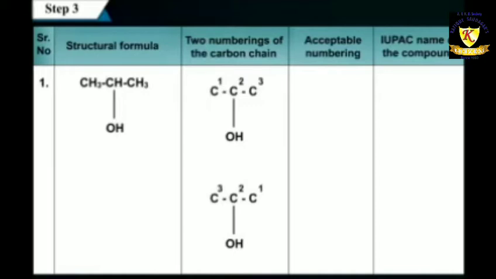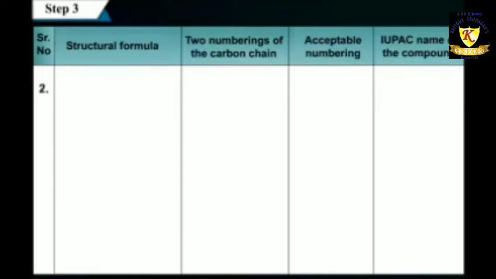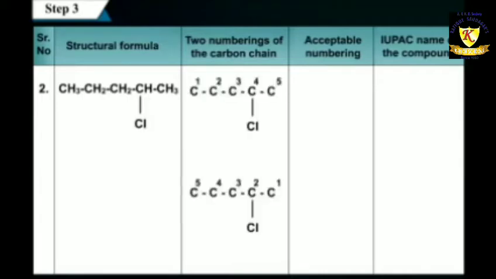Both the numberings are equivalent, and the IUPAC name is propan-2-ol. Second, structural formula CH3CH2CH2CHClCH3. The numbering of the carbon chain and the acceptable numbering are given. And the IUPAC name of the compound is 2-chloropentane.